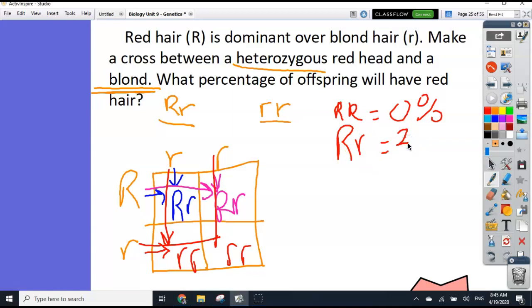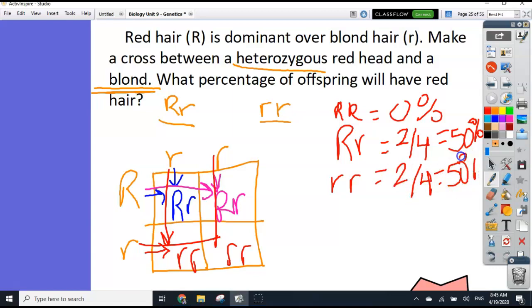And how many boxes are there total? There's always going to be 4. So 2 out of 4, what percentage is that? It's a half, so that would be 50%. And how many are little r? 2 out of 4, which is 50%.